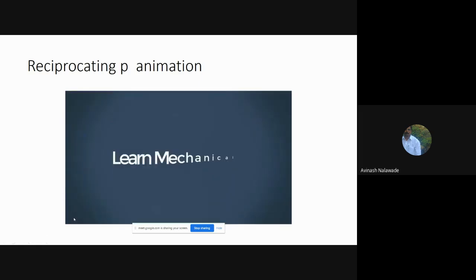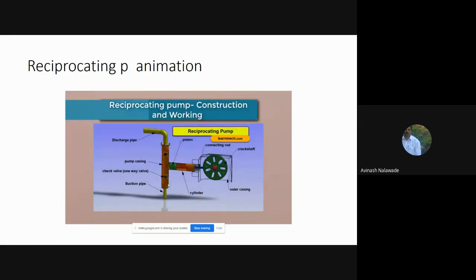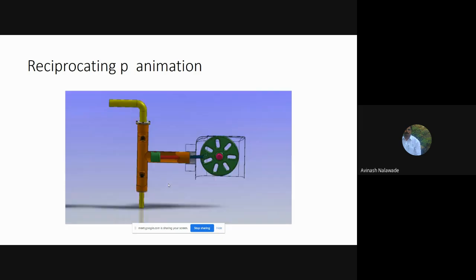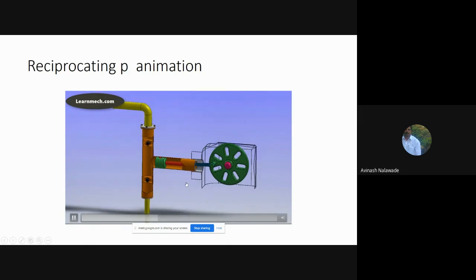Particularly this is an animation where we can show how the pump, that is the reciprocating pump, works. See here how it is working.